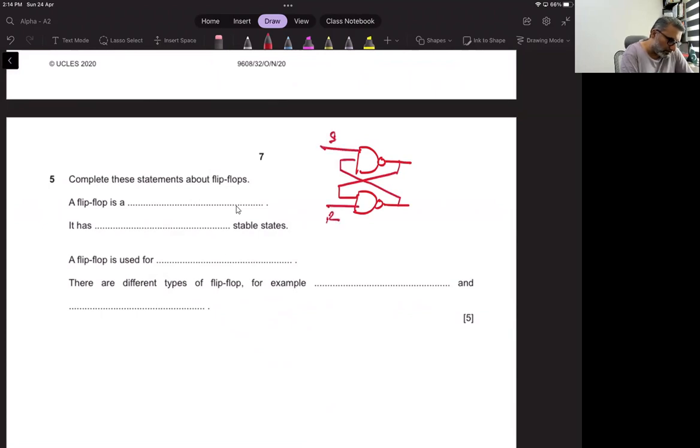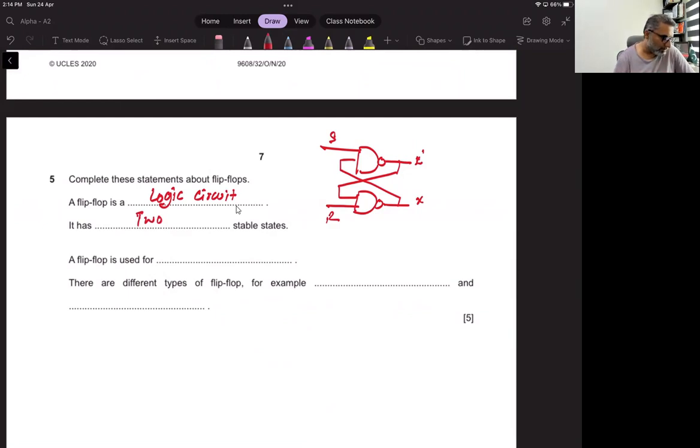SR flip-flop. Okay. So this is output X and X naught. Now, this is a logic circuit. It has two stable states. All right.